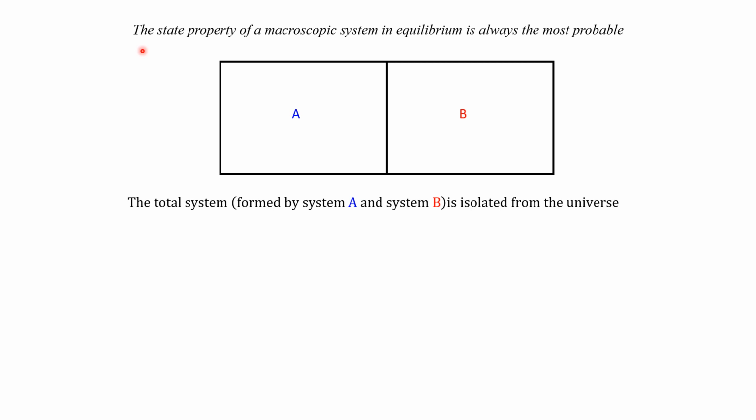Now this time we're going to apply this principle to the very important problem of thermal equilibrium. So we're going to consider two systems, system A and B, and together they form the total system.